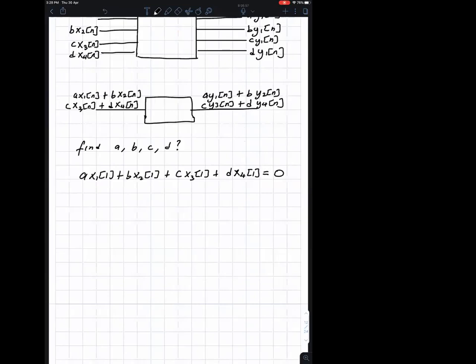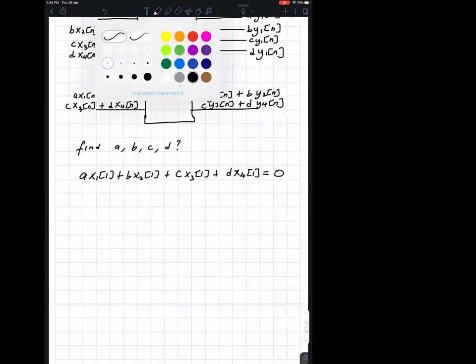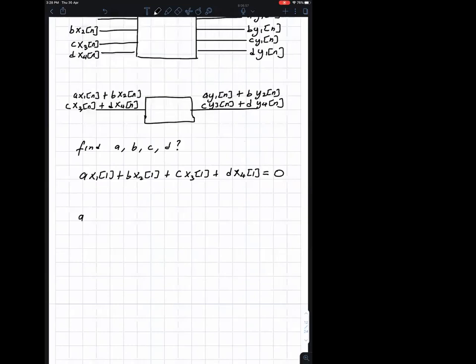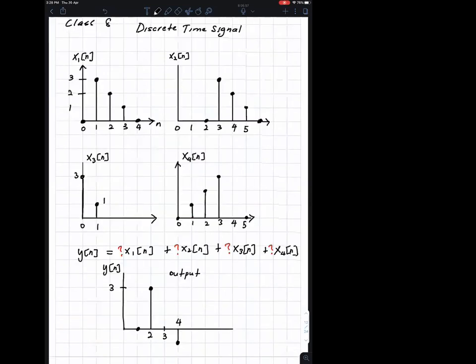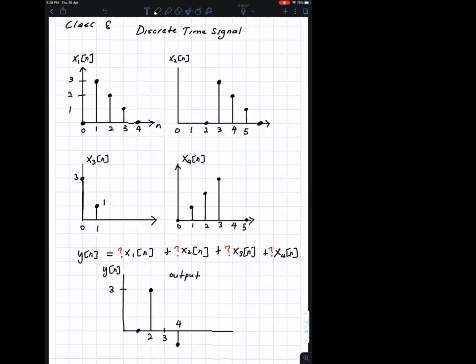Now let's write the next equation. At n equals 2 you also have non-zero signals.